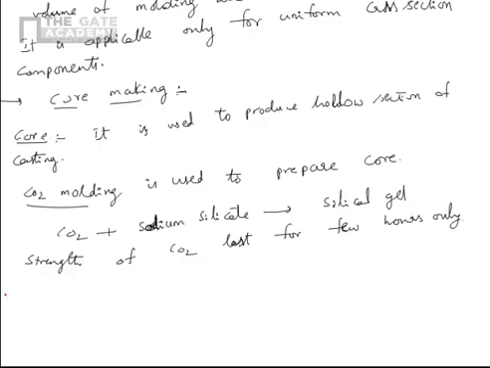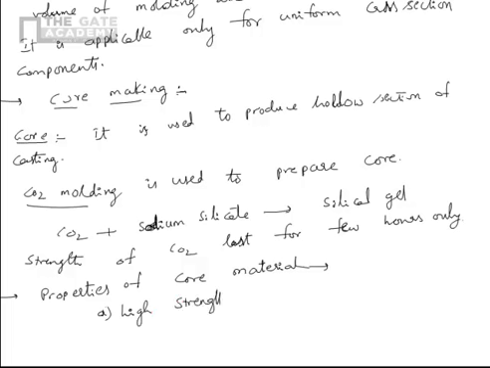So the properties of core material are: it needs high strength, to withstand the buoyancy force of the molten metal; high collapsibility, it has to be easily breakable; and it must be free from moisture.